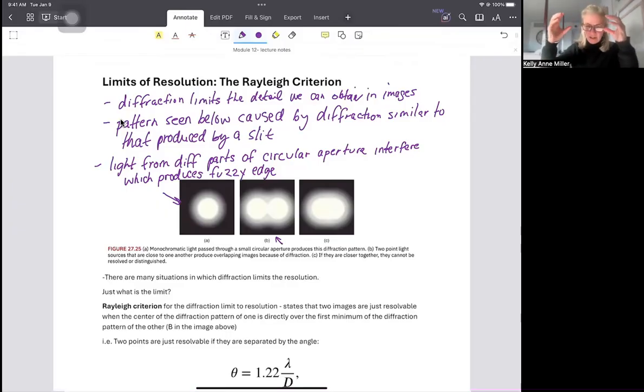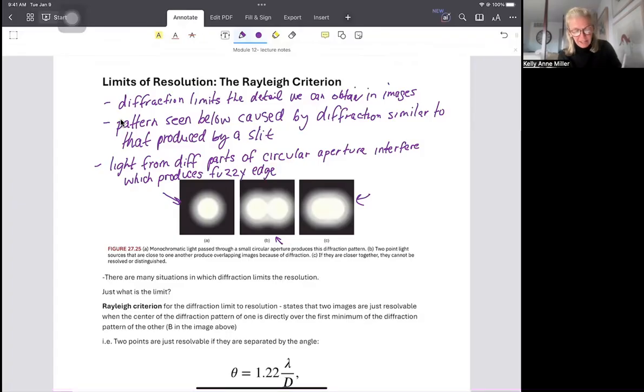We can see that they're separate, but because of the diffraction fuzziness they've sort of overlapped a little bit. If we put those two sources even closer together, then we get something like picture C, where they can't really be resolved.